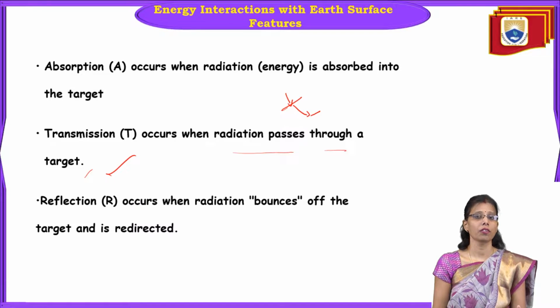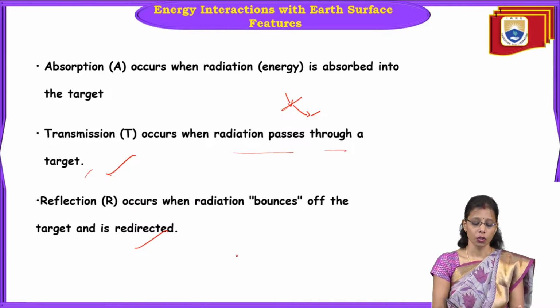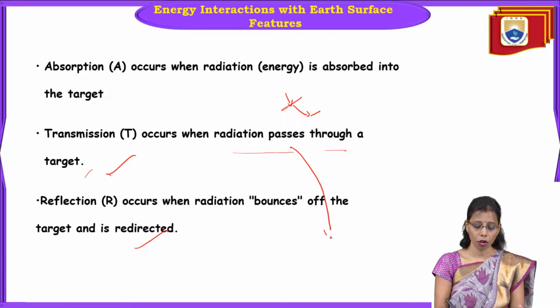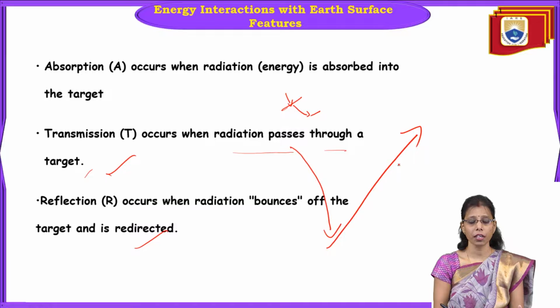Then reflection. Reflection occurs when radiation bounces off a target and is redirected. So what happens when this energy falls? It reflects back when there is a rough surface.